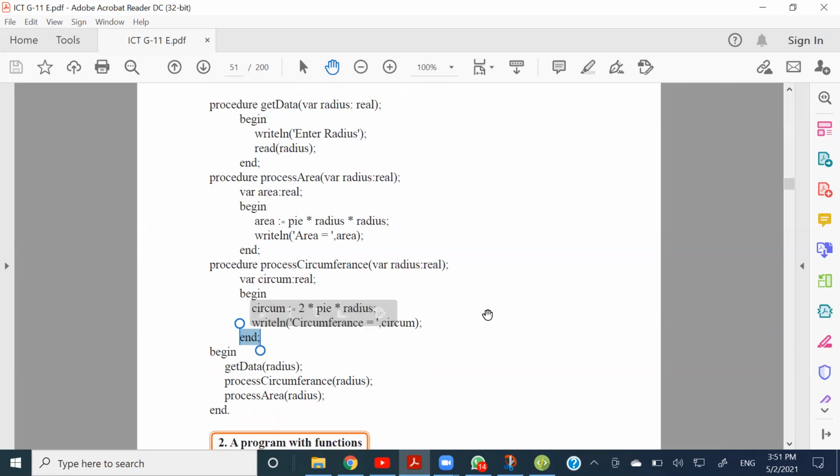what is the line that is going to execute next in the program? Once process circumference is executed, and now end is also executed, what is the next line that the program is going to, yes? That's right, this process area statement, because by this it has been called to this particular procedure and does it until the end, then it returns to the next line, right?